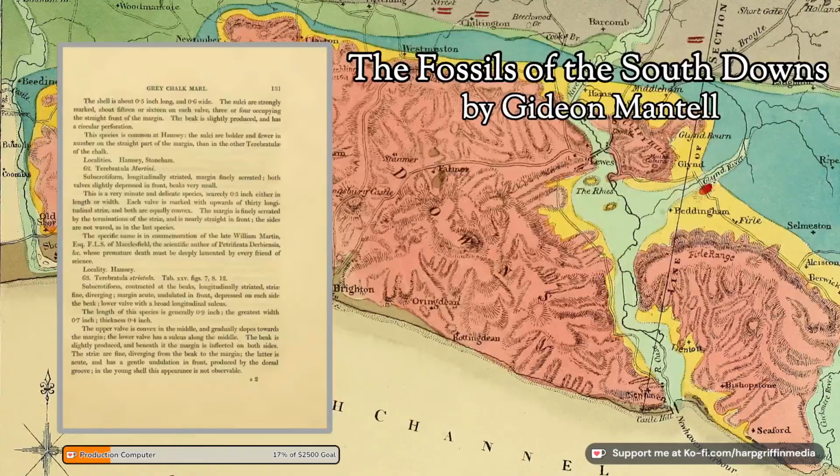The margin is finely serrated by the terminations of the striae, and is nearly straight in front. The sides are not waved, as in the last species. The specific name is in commemoration of the late William Martin, Esquire, FLS, of Macclesfield, the scientific author of Petrificata Derbiensia, etc., whose premature death must be deeply lamented by every friend of science. Locality: Hamsey.